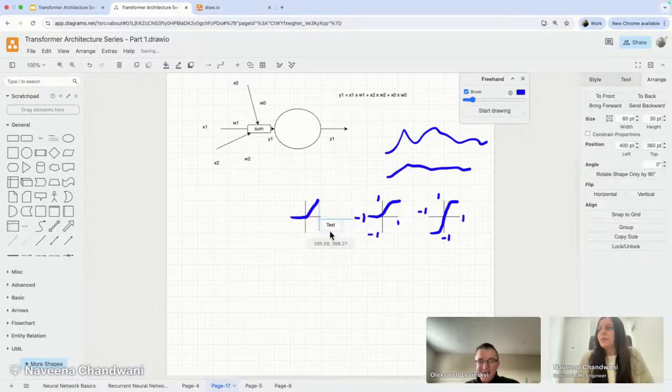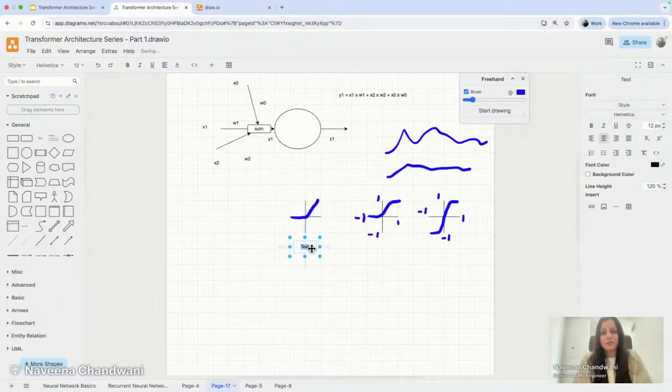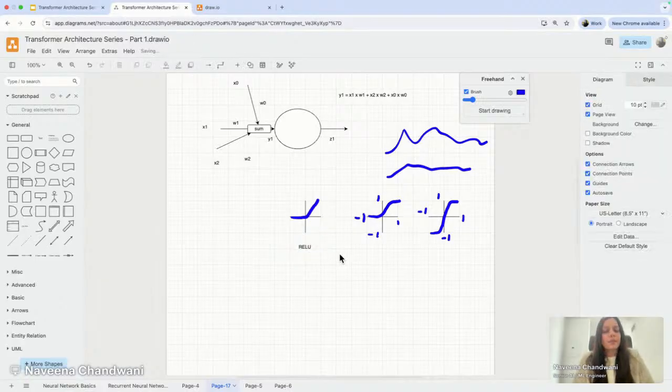Okay, so now just covering that last term, activation function. Sometimes we know these neural nets are influenced by our brain structure, and sometimes we will be like, oh, this triggered something in my head.